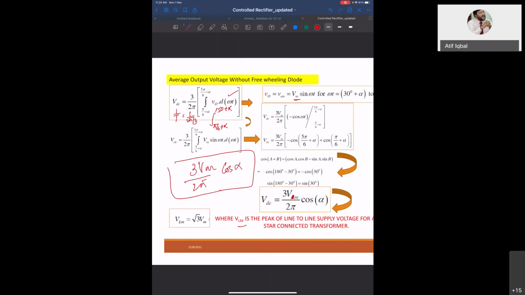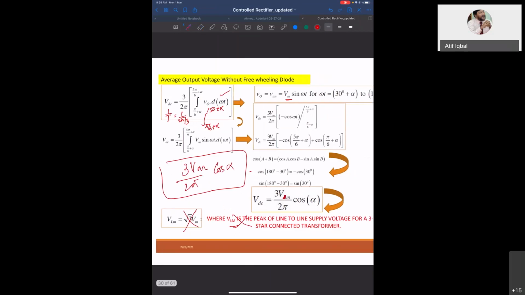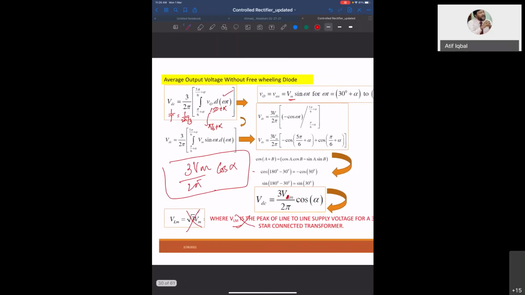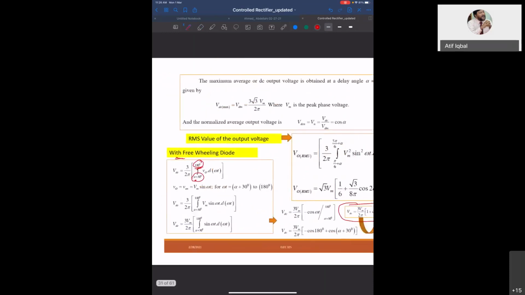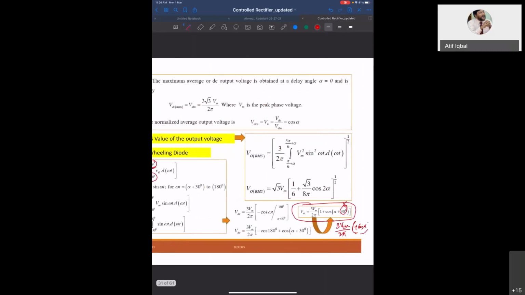I don't think this is correct. I will make a correction in this slide, because this cannot be line, as we are getting only the output voltage as phase. We are not getting line. That's why you see here it is VM, but I also have to check about this 30 degree.